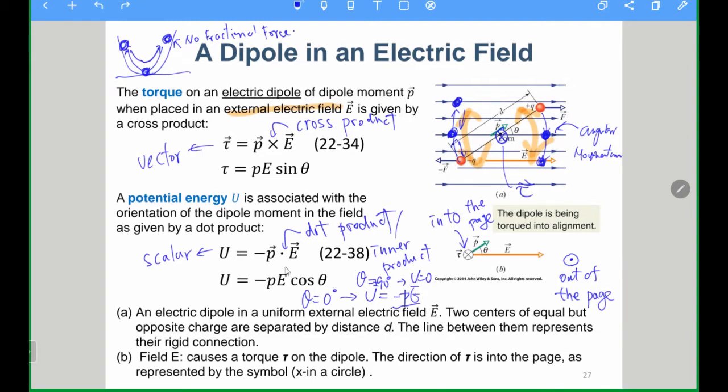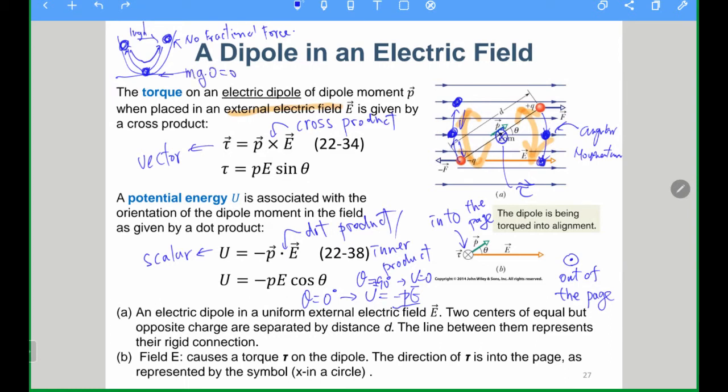Then this expression will be better looking. Of course, you can also define the minimum to be 0, then you need to add PE here, making the expression of the potential energy not so elegant, but it's up to you. Just like for this one, you can define this as the minimum potential energy, and this one will be mgh, and this is mg times 0, which is 0.